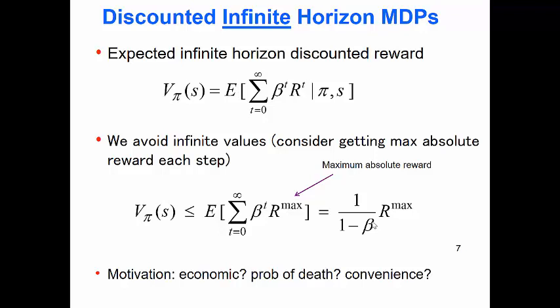Another, more morbid interpretation of beta is as a probability of death. So this is a fun exercise to work out if you're so inclined. But imagine a model of the MDP where we're actually going to look at total undiscounted cumulative reward, but we have a probability of death, let's say P, okay?